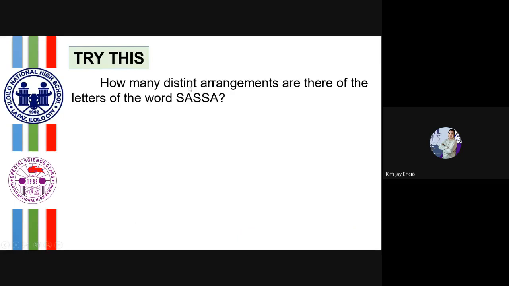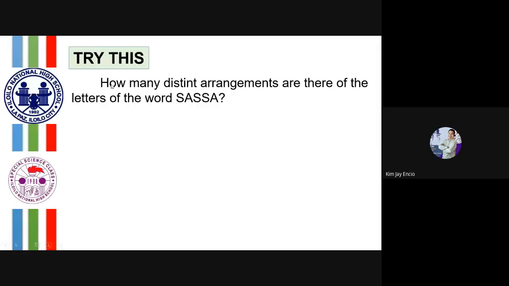Now, how many distinct arrangements are there of the letters of the word Sasa? We have it spelled S-A-S-S-A. So we are going to make 5-letter word strings out of these given letters, but we have to interchange some elements. And remember, the concept is if you interchange the same elements, then there's nothing new.